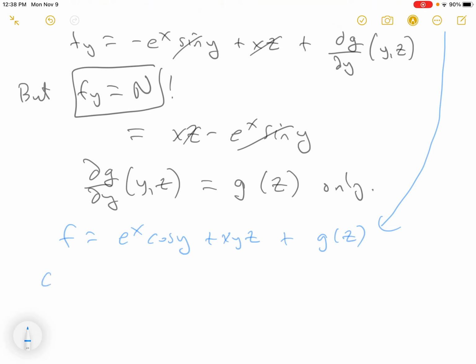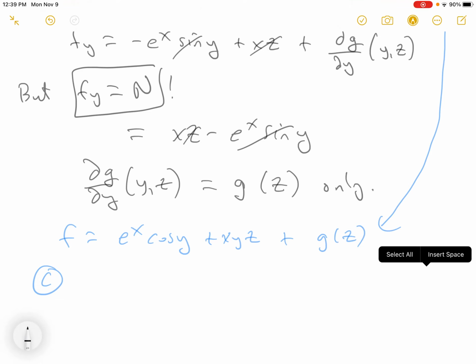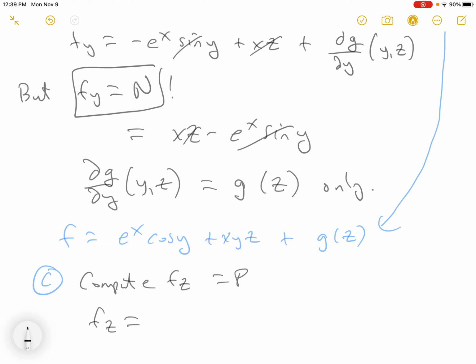Okay. Part 3, or C, I should say, if I'm lettering here. Now we compute f_z, which is going to equal P, right? So what's f_z? f_z is, the first term gives me 0, the second term gives me xy, and this third term gives me a g prime of z.